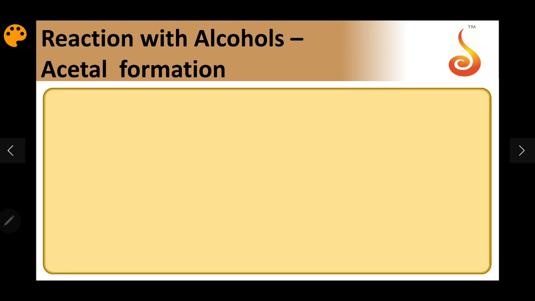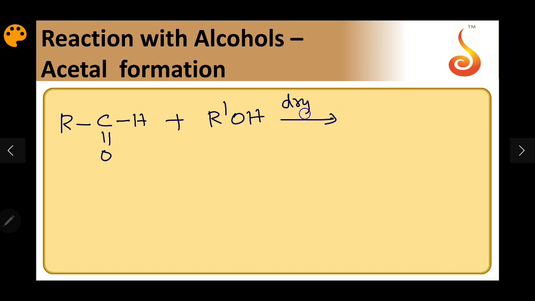Reaction with alcohols to form acetals. So if I take an alcohol reaction with aldehyde, so I am taking an aldehyde plus R dash OH. So this happens in presence of either dry HCl or trace amount of acid medium. So here what happens, OR goes as a nucleophile, H goes to oxygen. So it becomes R, C, single bond OH, this is H and this is OR dash.